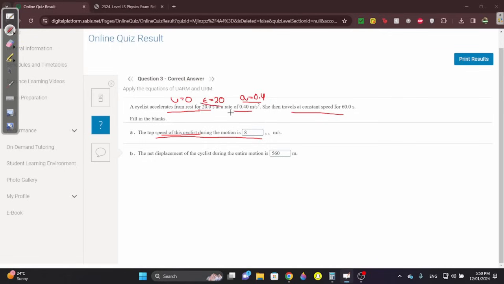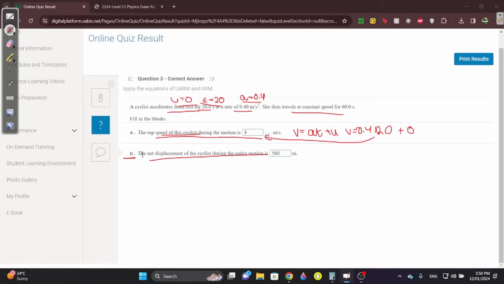They gave you acceleration and time. So v equals at plus u. Velocity equals acceleration, which is 0.4, times the time, which is 20, plus u, which is 0. 0.4 times 20 is 8.